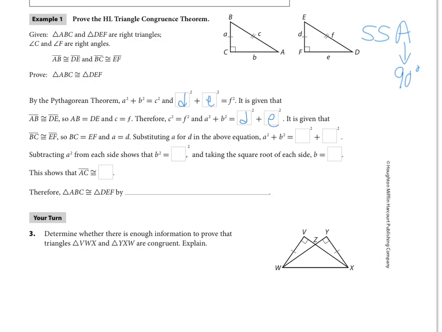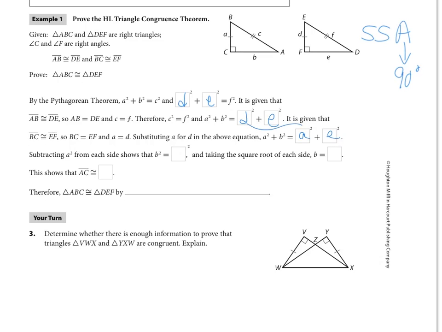Then the second congruence statement we have is that BC is congruent to EF, or in other words, a is congruent to d. So we're going to substitute a for d in the above equation, so we get a squared plus b squared equals a squared plus e squared.